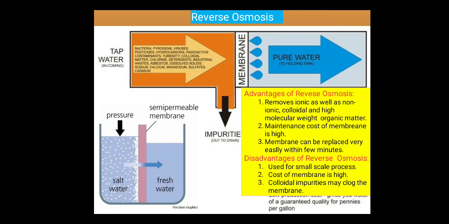Disadvantages of this process: it is used only for small scale, because when we try to use it on a large scale, frequent change of membrane is required and the cost of the membrane is not affordable. Also, colloidal impurities may clog the membrane.